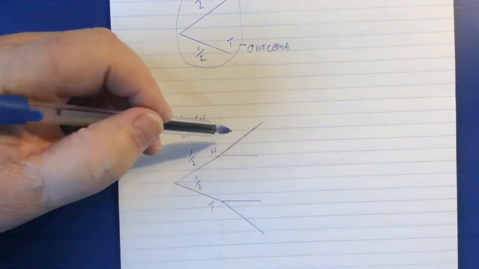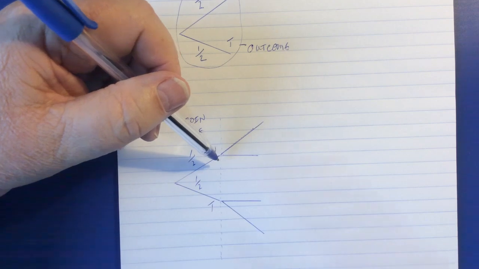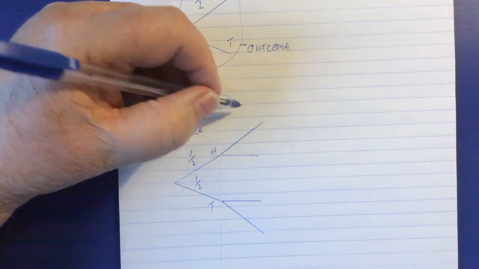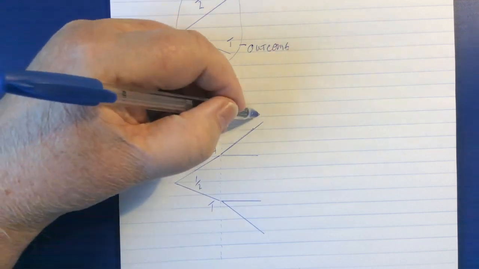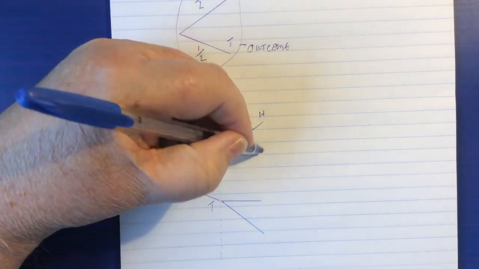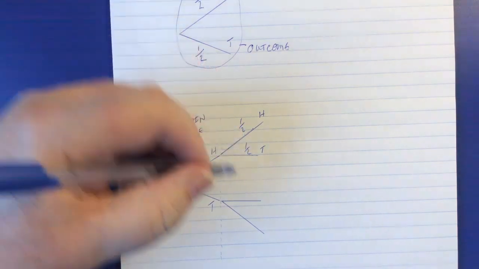So what is this? Well, this records a second event, a second one of these, where the outcome is possibly a head or a tail, and the probabilities are the same.